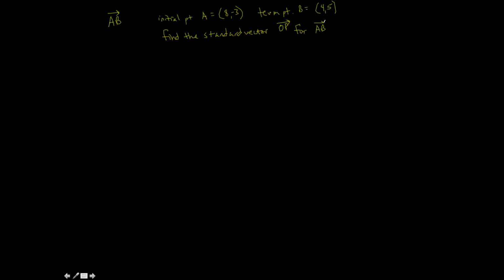In other words, what that's saying is find the coordinates of P so that these two vectors are equal. Okay?